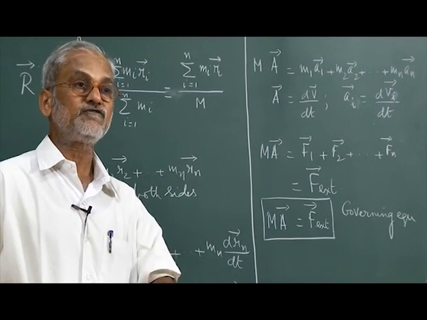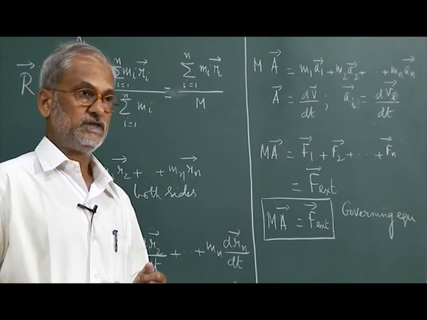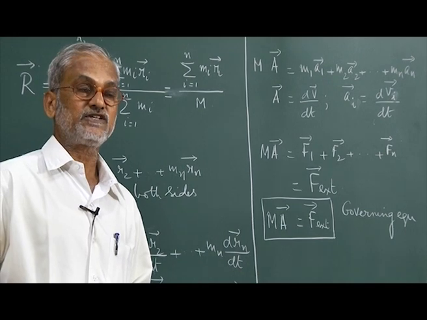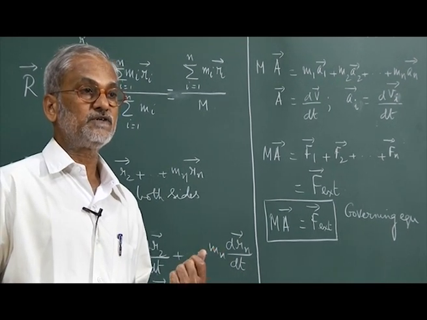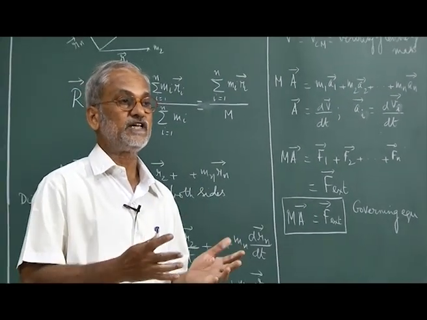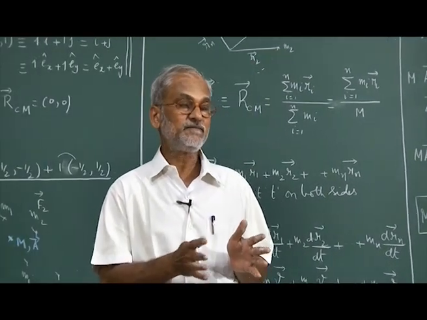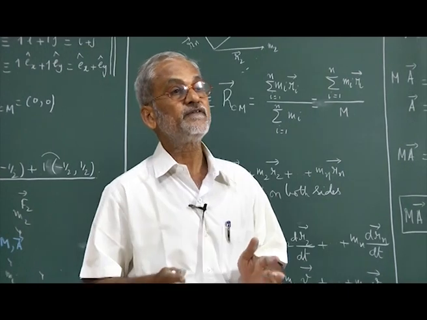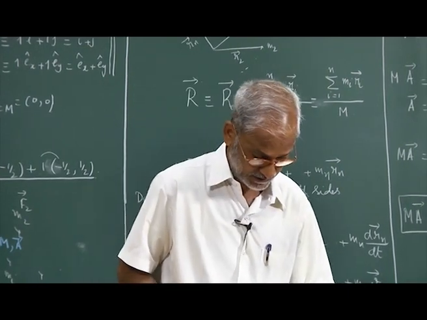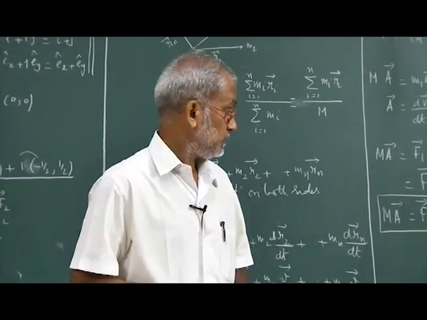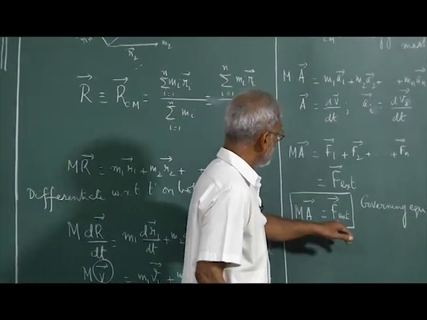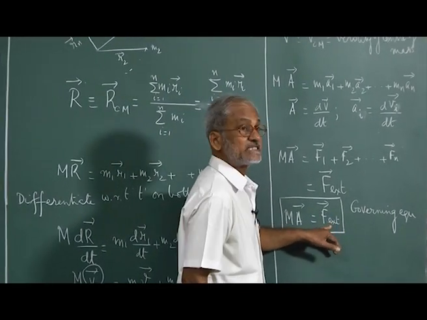On one hand you have forces, external forces, each force will cause an acceleration. On the left hand side you have the whole scenario replaced by one mass, namely capital M, moving with an acceleration capital A. And we have specifically used the term F sub external.